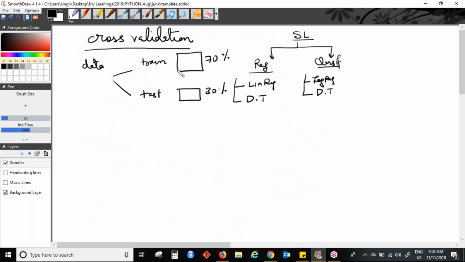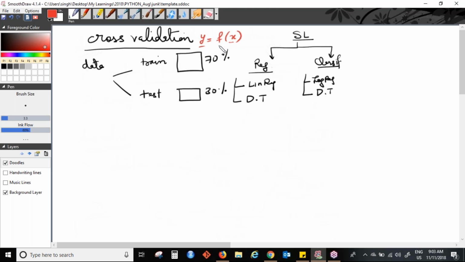We first build a model on our training data. So y is known to us in our training data, x is known to us in our training data. What is not known is the function f. So since this is known, we try to find the function f here.